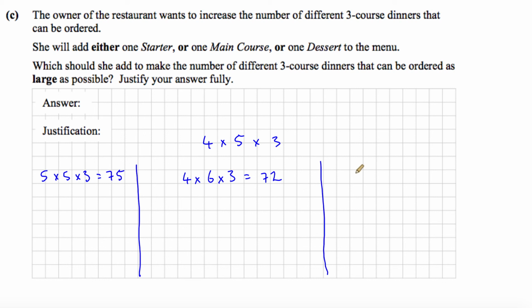And finally then, if we increase the number of desserts, we'll have 4 starters, 5 mains and 4 desserts, and that gives us a total of 80. So if we want the number of different 3-course dinners to be as large as possible, we would increase the number of desserts. So the answer is the dessert is the one to increase, and that's the end of question 2.